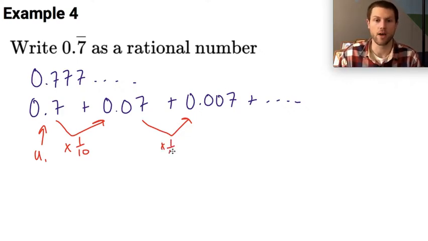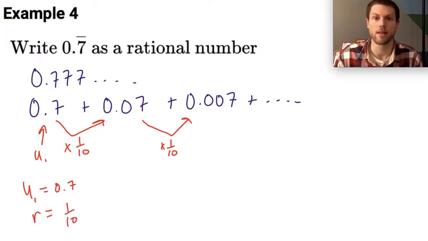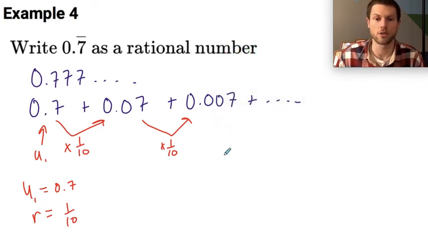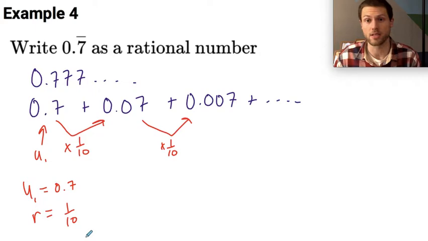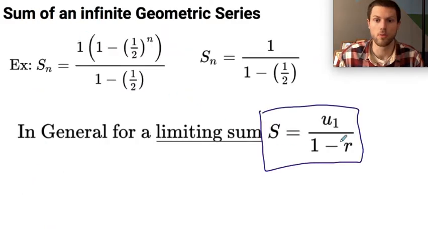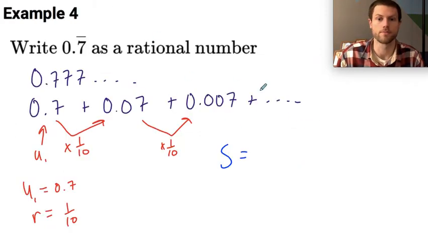So what I have now is a u sub 1, 0.7, and I have an r, that's 1/10. So I can use my limiting sum equation for my infinite geometric series, since this r, notice, is less than 1, so that works. And that sum should be equal to u sub 1 over 1 minus r.